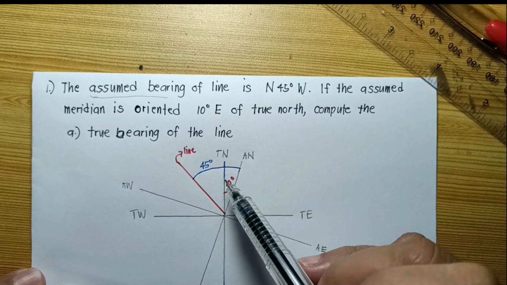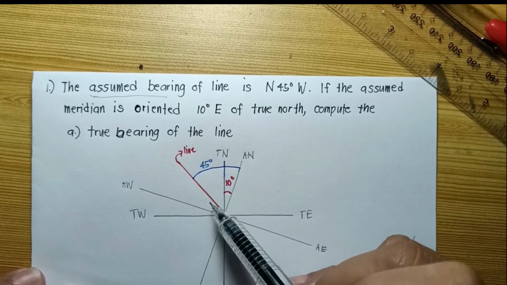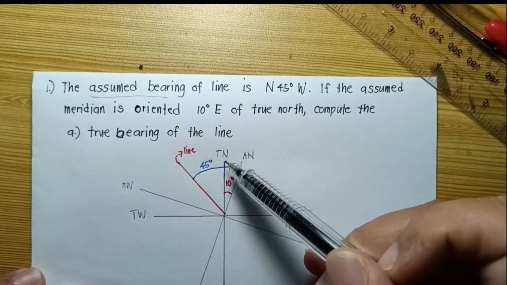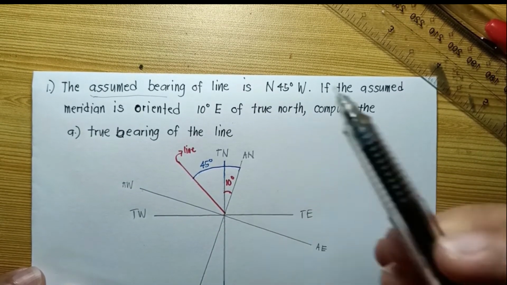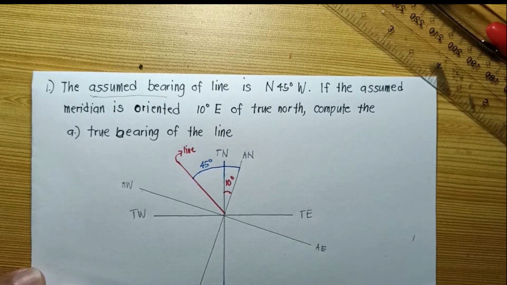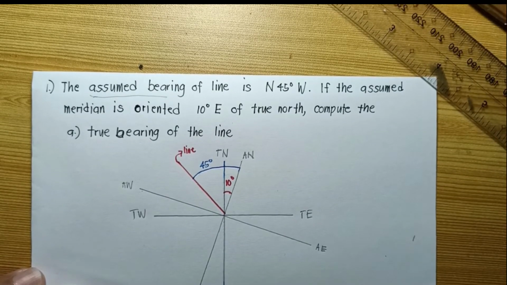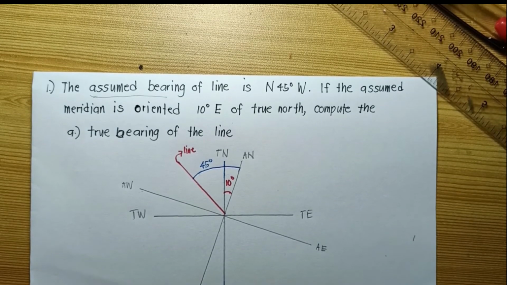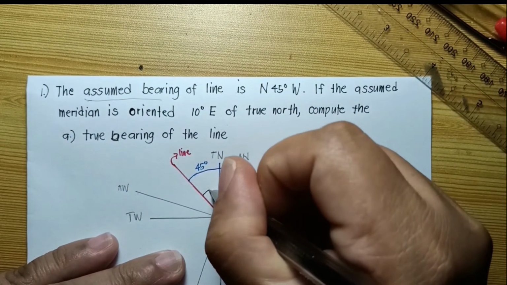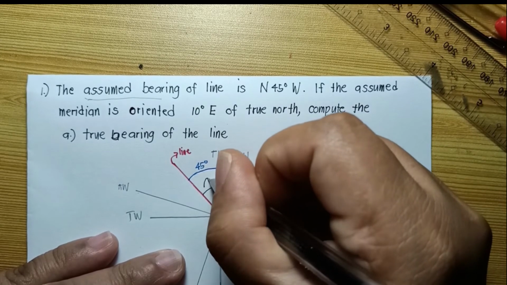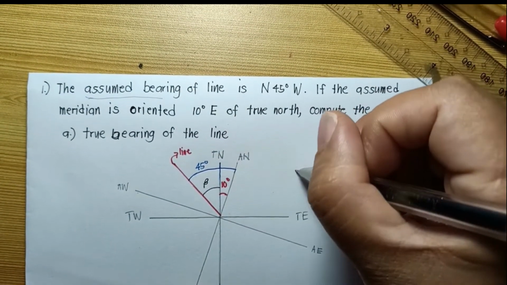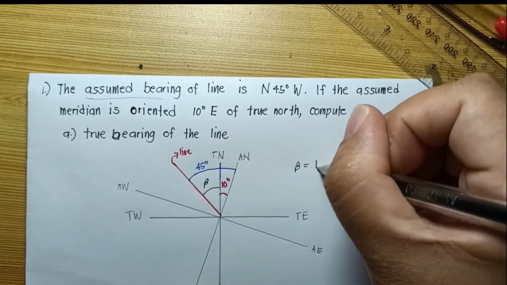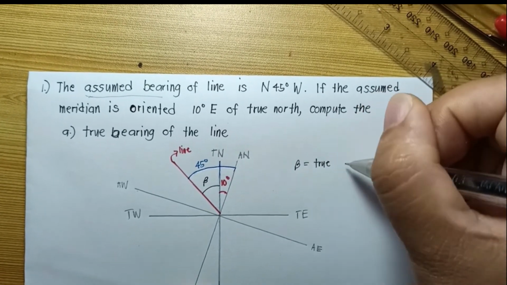So in this problem, when we say true bearing, it refers from the true meridian. So from this figure, we can say that our true bearing of the line is measured from this point, or this angle actually. So this is the required, wherein beta is basically the true bearing.